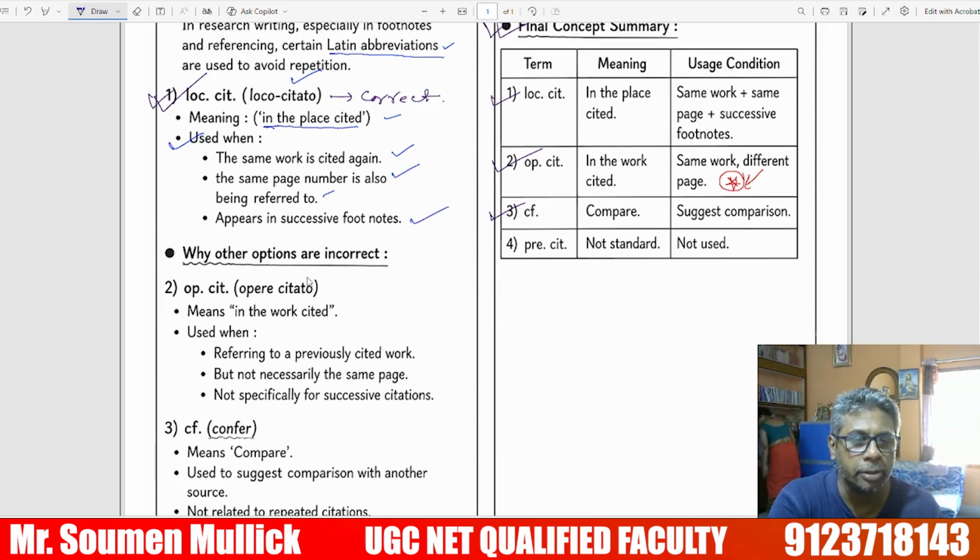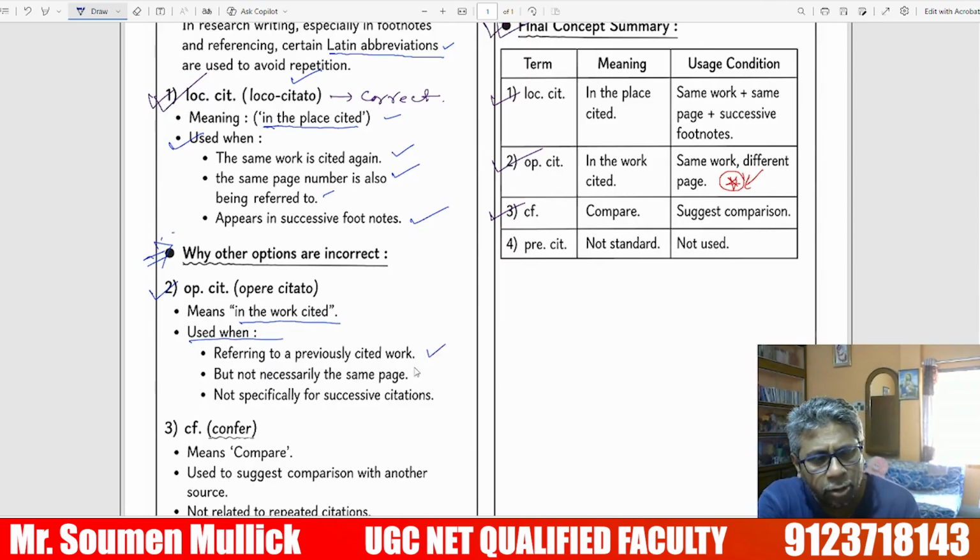Why are the other options incorrect? This is a very important area. Op.cit means opere citato, in the work cited. It is used when referring to a previously cited work, but not necessarily the same page, and not specifically for successive citation.